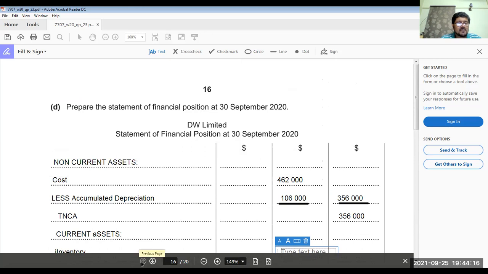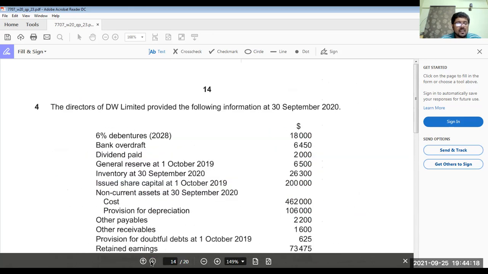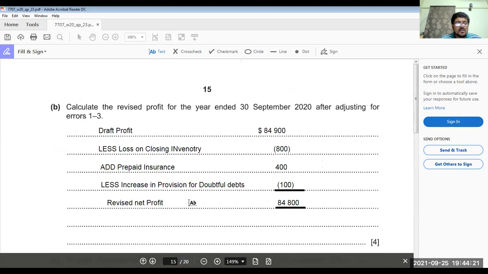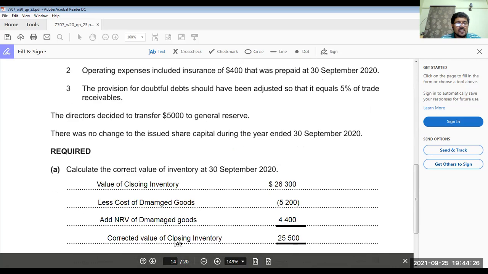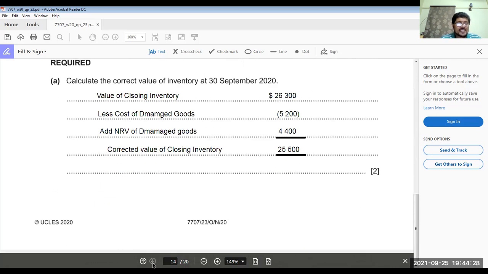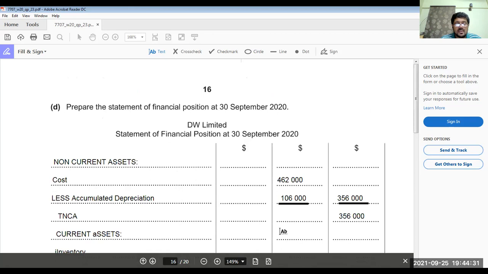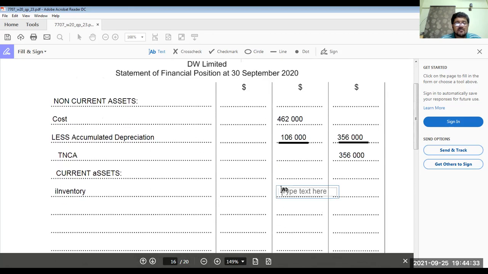Okay, we calculated the correct amount of inventory, 25,500. Yes. Now, after inventory, we have to take trade receivables.